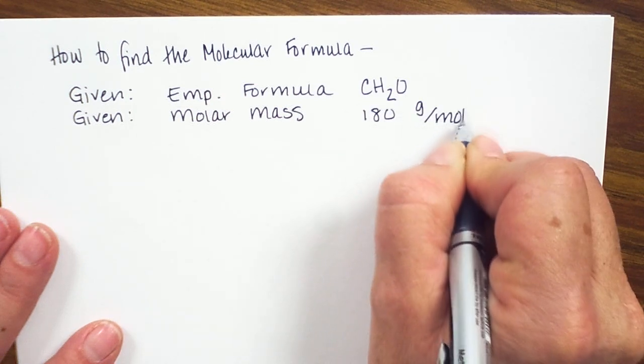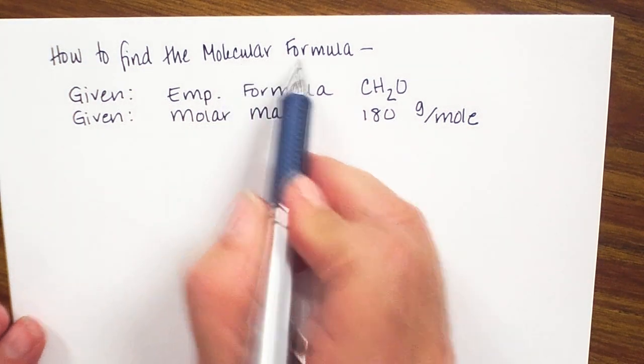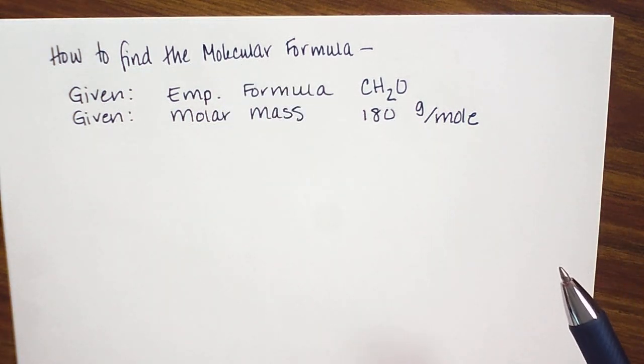Now, somebody raised a question earlier on what's the difference between the empirical and the molecular formula. So I'm just going to quickly remind you, the molecular formula is the actual formula, and the empirical formula is the smallest whole number ratio.